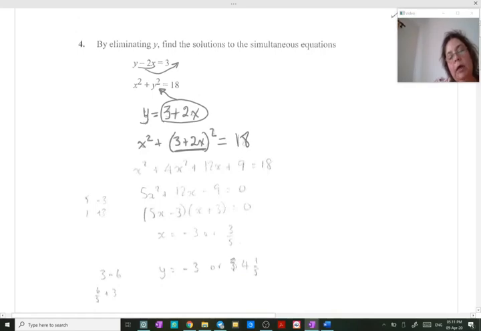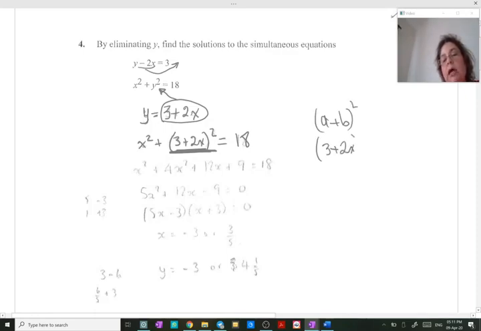Now we expand. In order to expand this, we need to remember the identity (a plus b) squared, and this is the same as (3 plus 2x) squared.